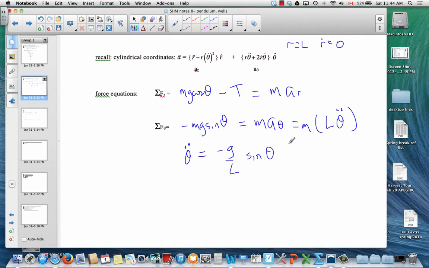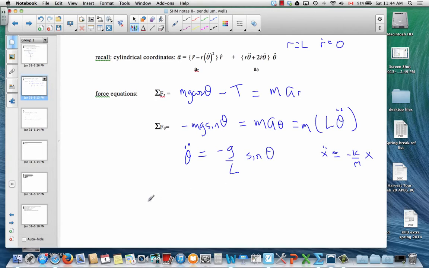So remember, for SHM, it was like x double dot is minus k over m times x, and that was the equation we solved and got cosines and sines. It's almost like that here, except we have sine theta instead of theta.